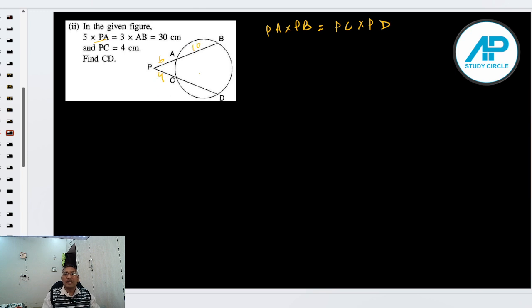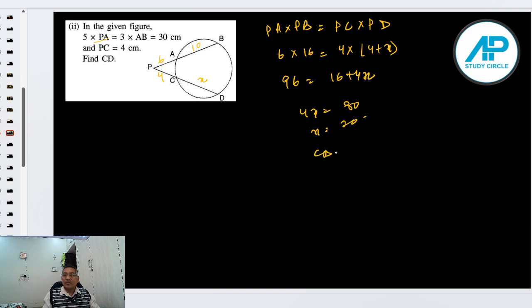Value of PC is 4. Value of CD is X. 6 into 16 equals 4 into 4 plus X. This is 96 equal to 16 plus 4X. So 4X equals 80 and X equals 20.